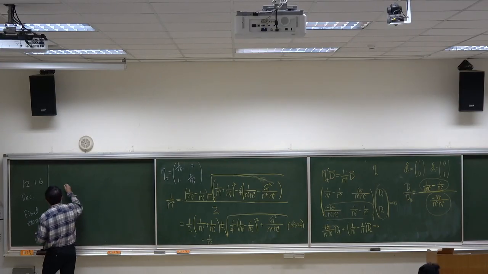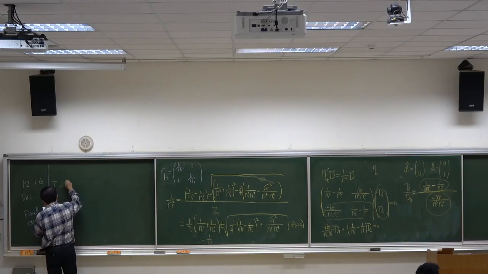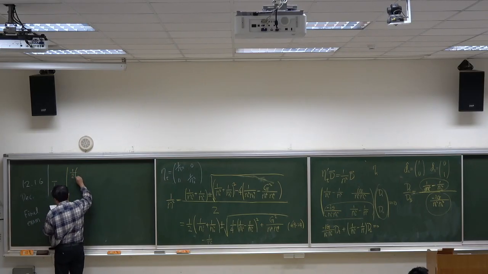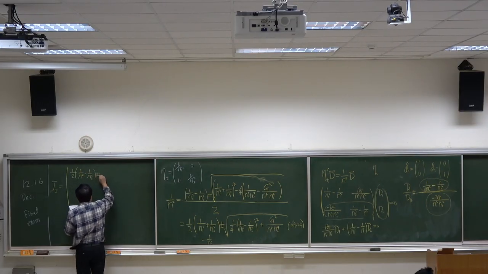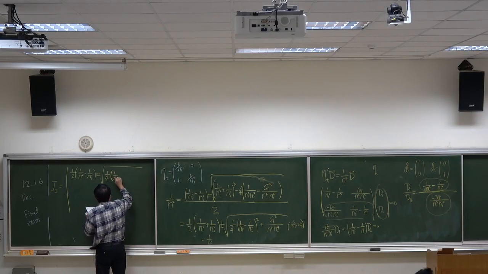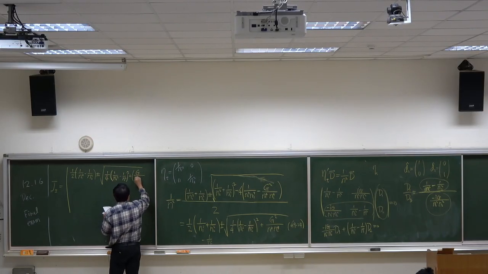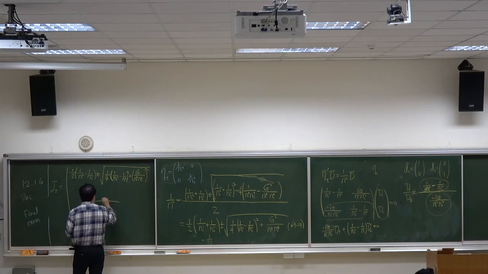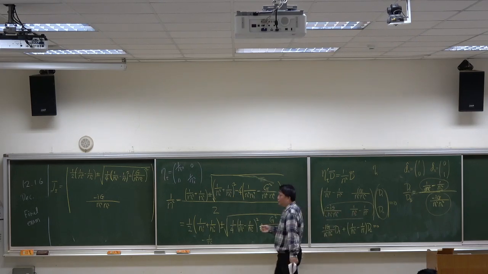So this means that the Jones vector for this D vector now becomes this. 这是没有 normalize 的，你可以再 normalize，如果需要的话。Okay. So the new eigenvector becomes this form.